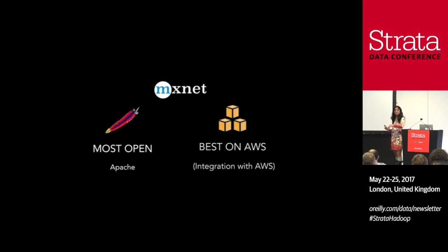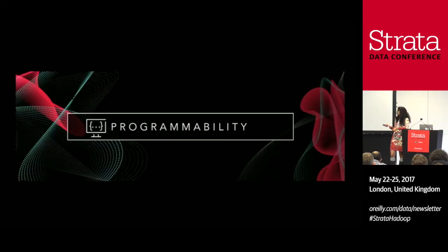In fact, mxnet came out of university efforts, and there is a large open source community contributing to this. And the other is we are also developing it at AWS to have the highest efficiency, the best programmability, and portability for mxnet. So we'll make it easy for mxnet to be run on AWS very efficiently. So let us now dive deep and see how mxnet scores high on all these aspects.